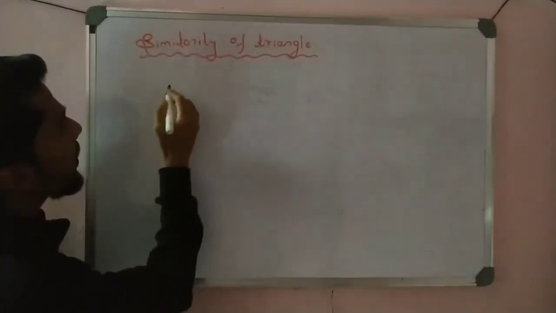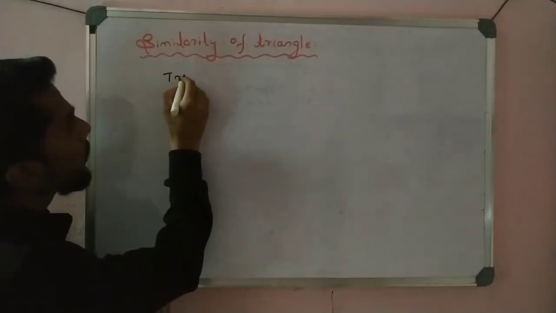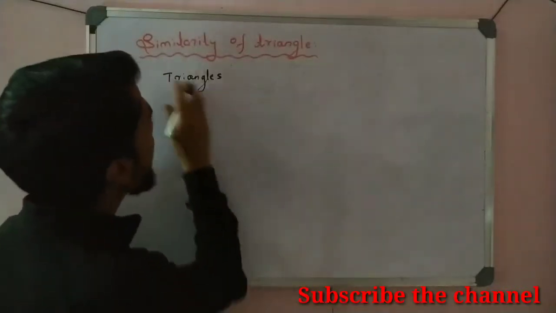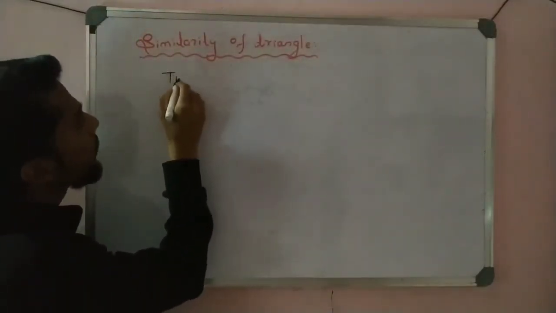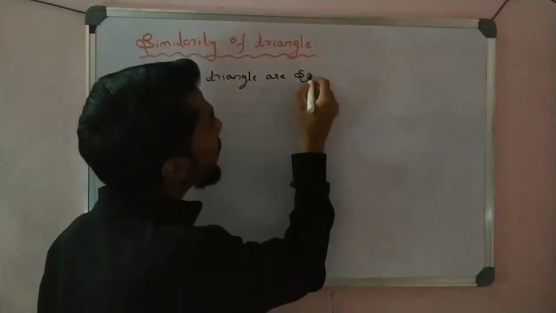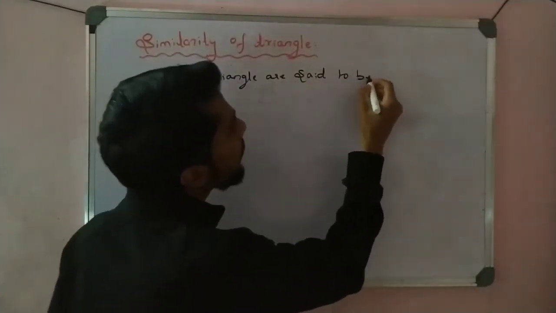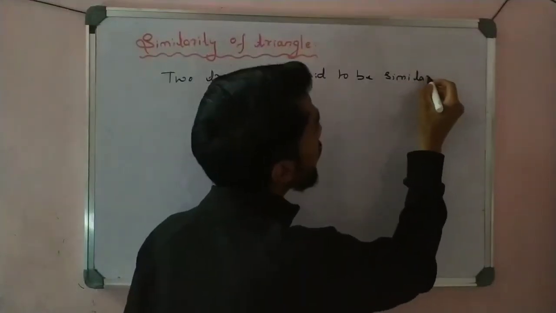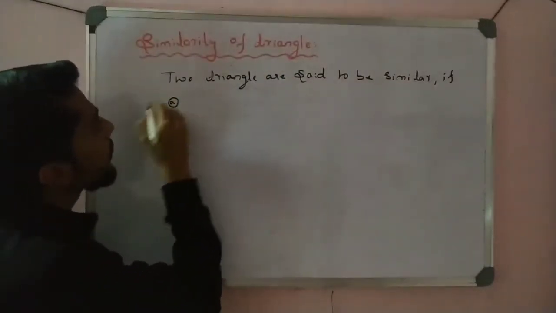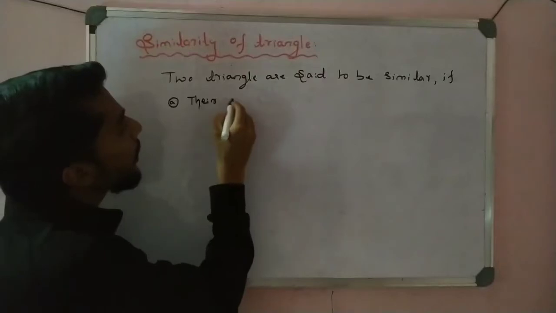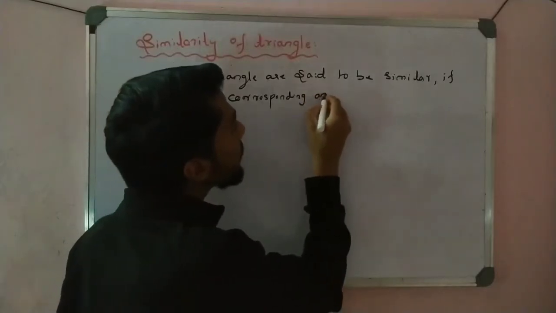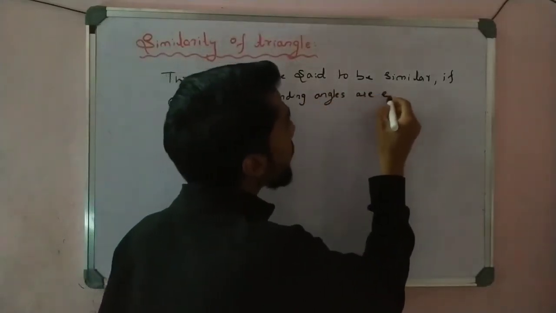So see, I first write the sentence: two triangles are said to be similar if, number one, their corresponding angles are equal.